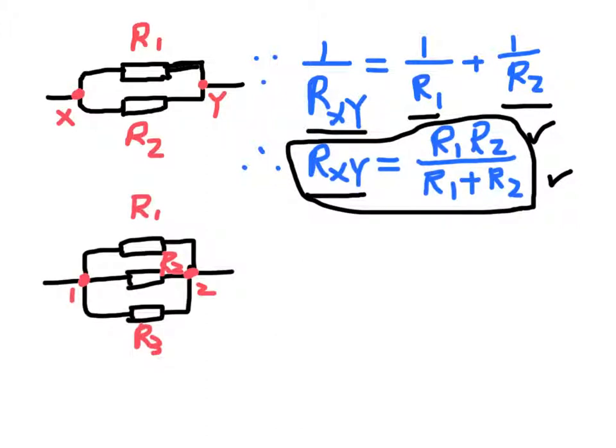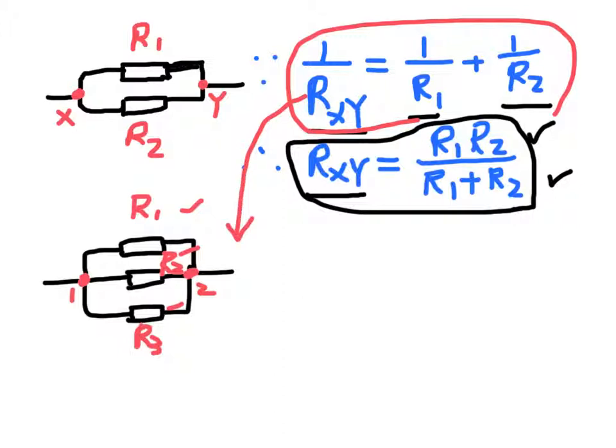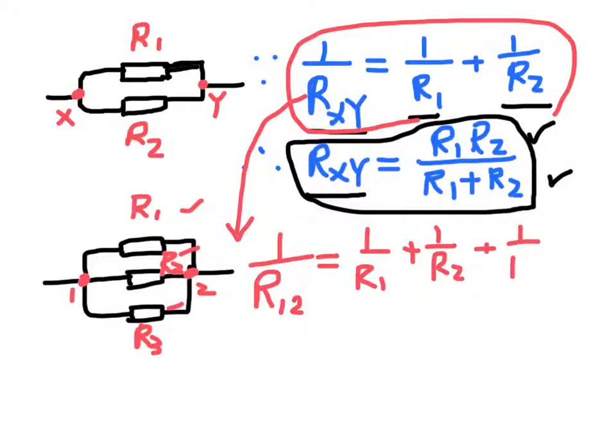How about if there are three resistors connected in parallel? In fact, this formula can still be applied. In this case, we have 1 over Rxy equal to 1 over R1 plus 1 over R2 plus 1 over R3.